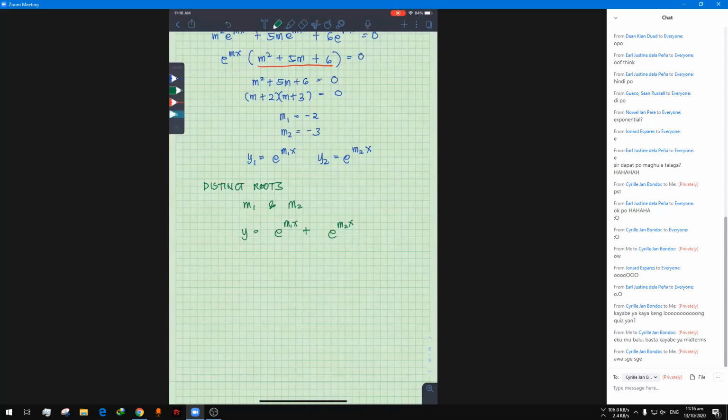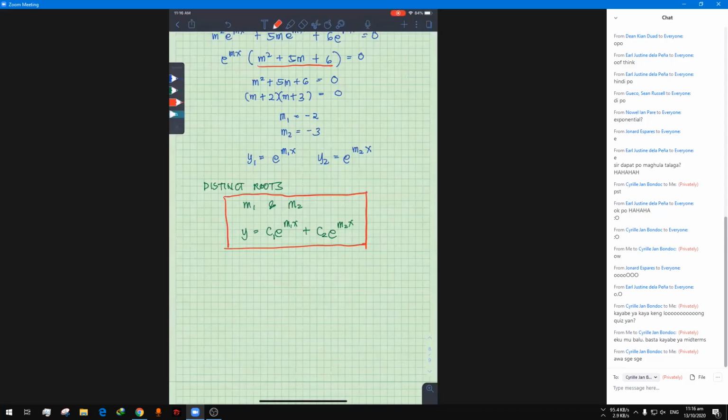And then, di ba, kapag nag-multiply tayo ng constant, that would still be a solution. So, meron tayong arbitrary constant C1 at saka yung second arbitrary constant C2 natin, forming our general formula. So, kapag distinct roots, yung M1 is not the same as M2.